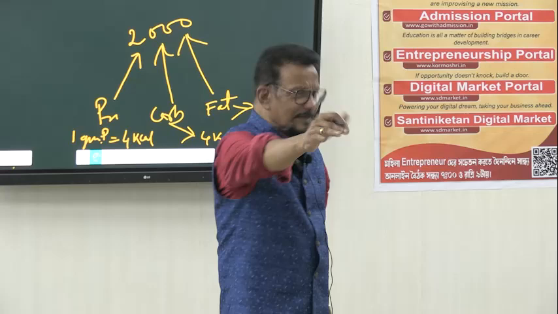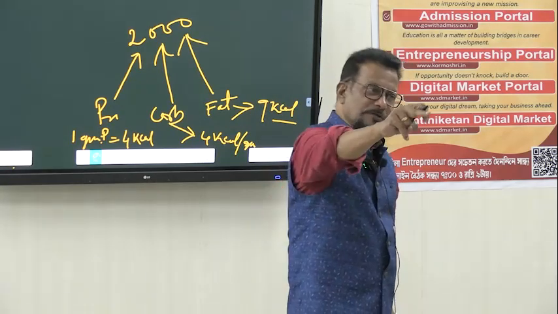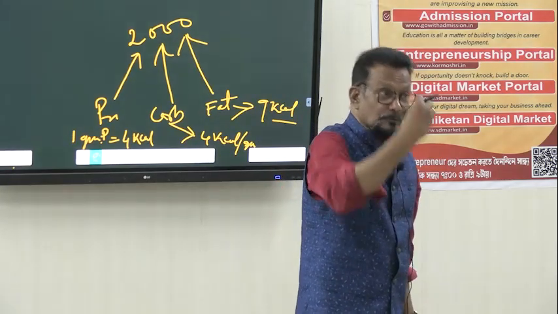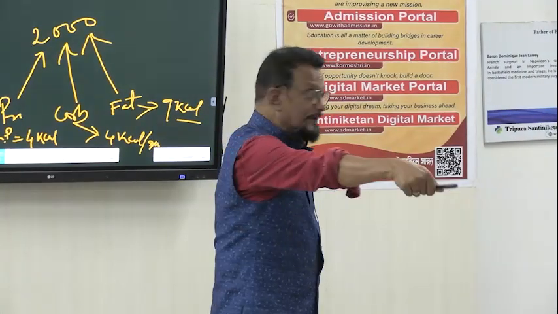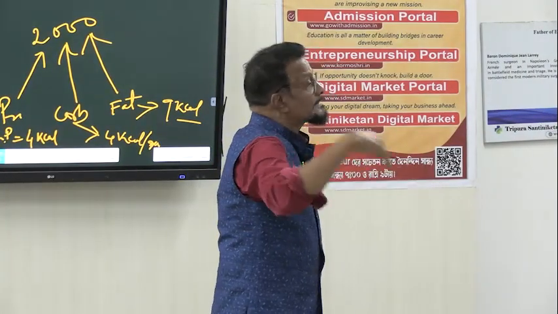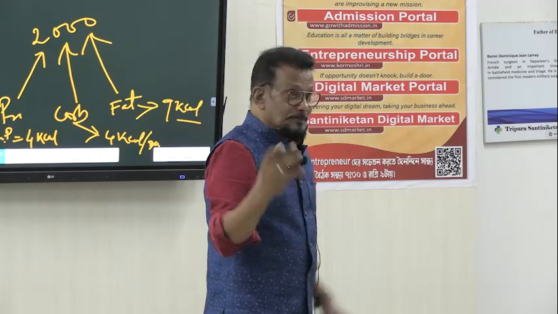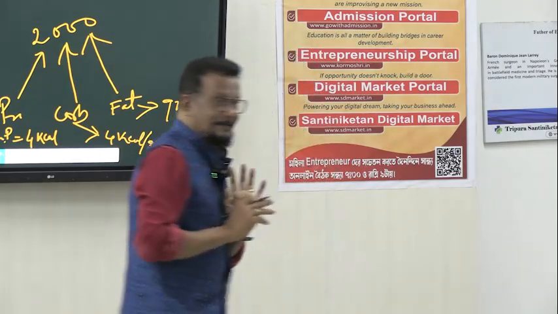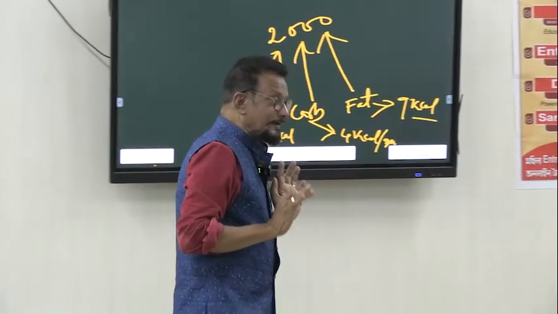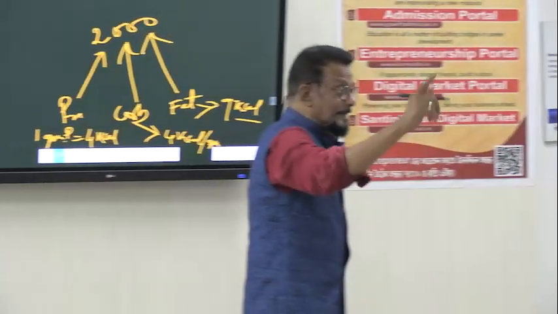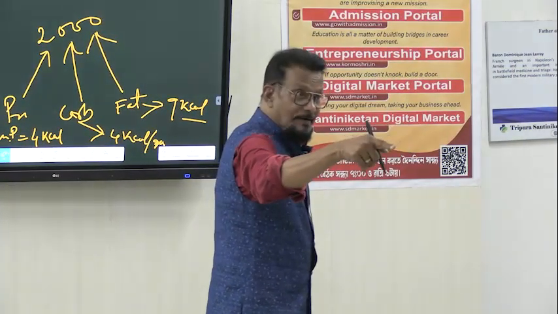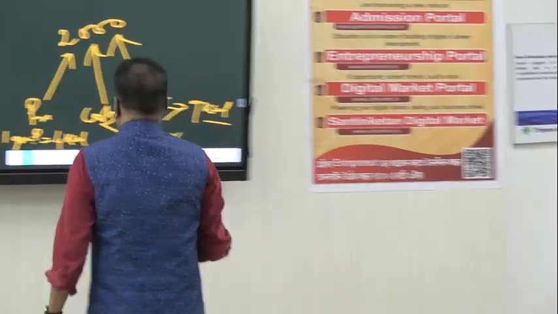Okay. Then how much protein should she get? She should eat 50 gram. If you are 70 kilo, 70 gram. So if you eat 70 gram of protein daily, then how much energy will come from this 70 gram? 70 into 4? 280 kilocalorie.